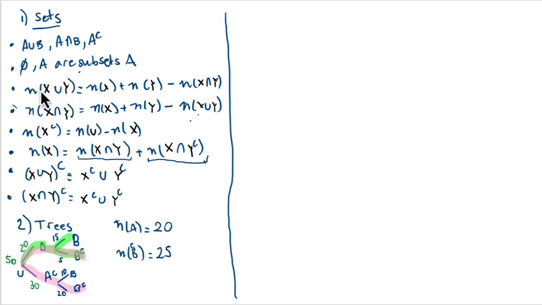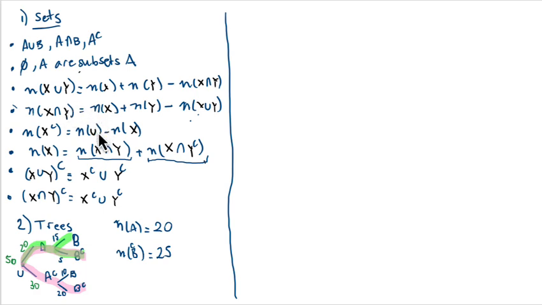So the number of elements in this composite set, x union y, is equal to n of x plus n of y minus the number of elements in the intersection. I'm using x, y now because in both sections there were confusions. I was using a and b, and some students were confused about when to use a and b.